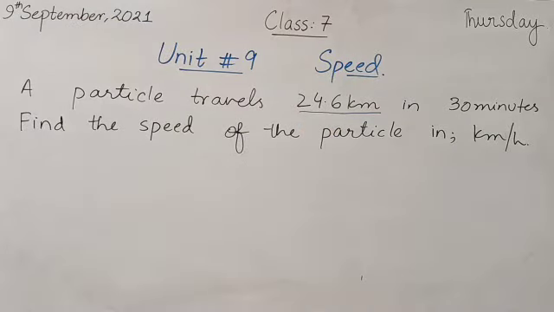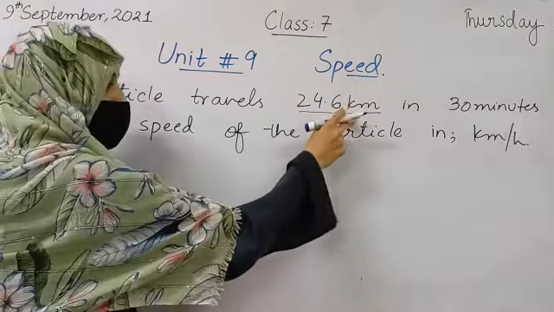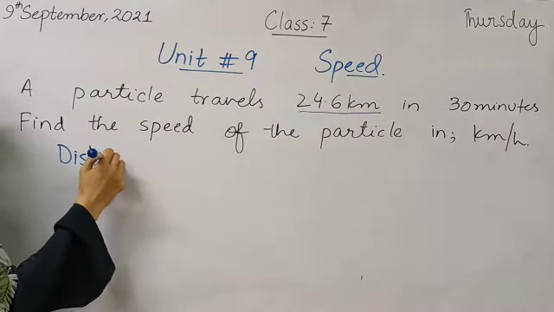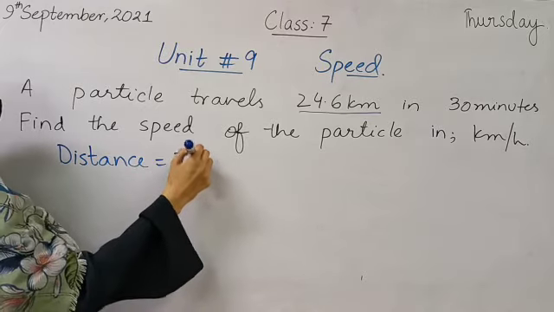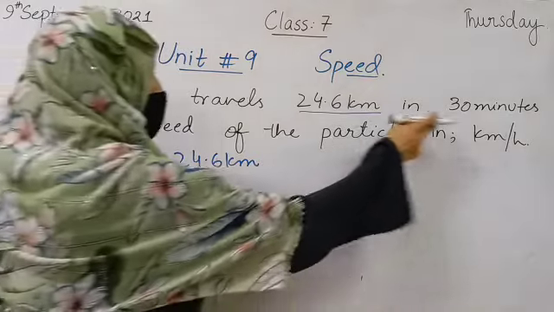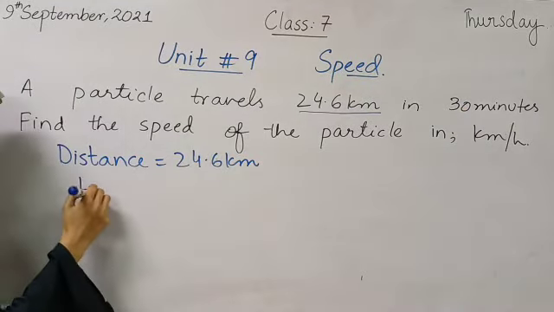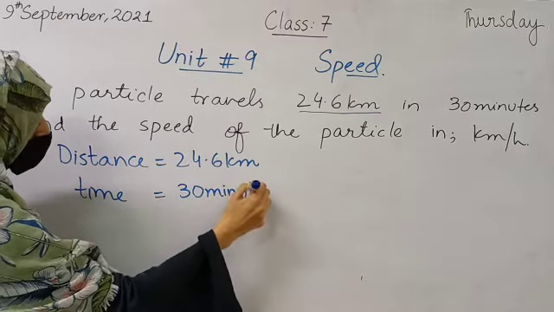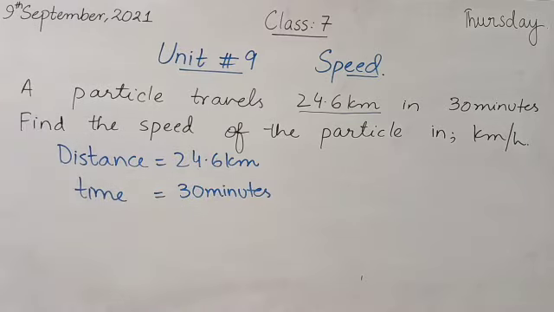This is the distance, because the unit of the distance is meter, kilometer, etc. So distance is equal to 24.6 kilometer. What is the time? In 30 minutes. Time will be 30 minutes. And we want to find out the speed of the particle in kilometer per hour.